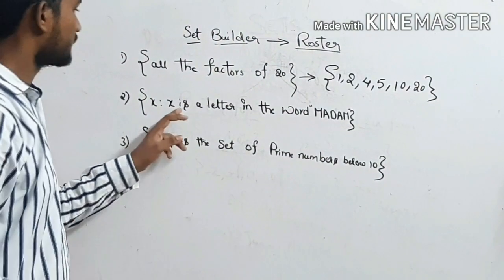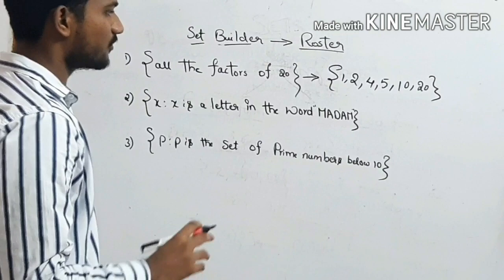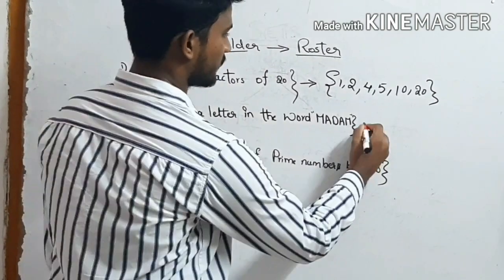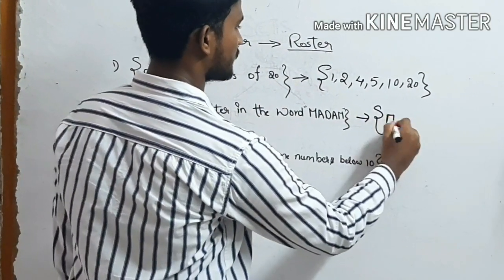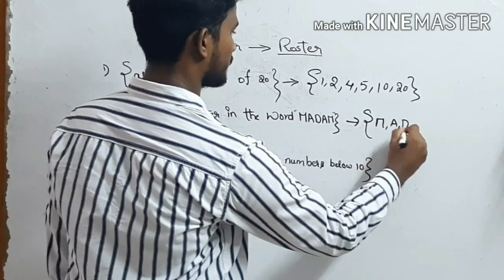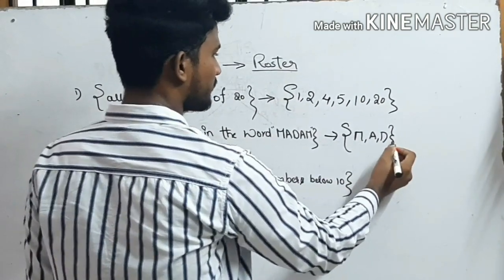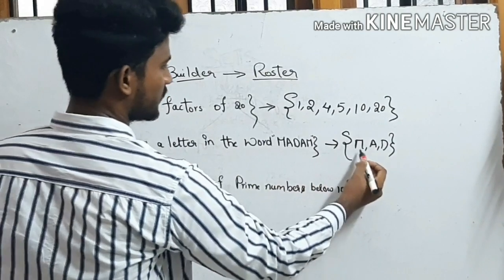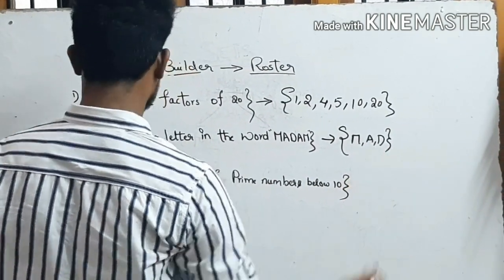If they ask x is a letter in the word MADAM, then we can write M, A, D. We cannot write repeated letters, so we write only M, A, D.